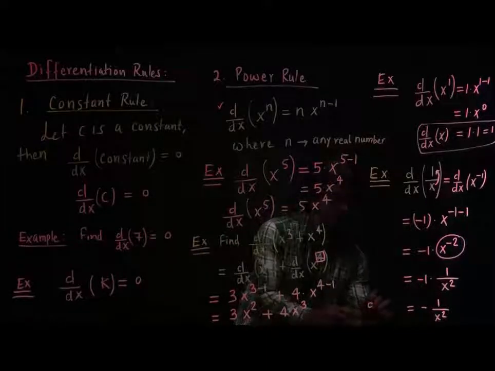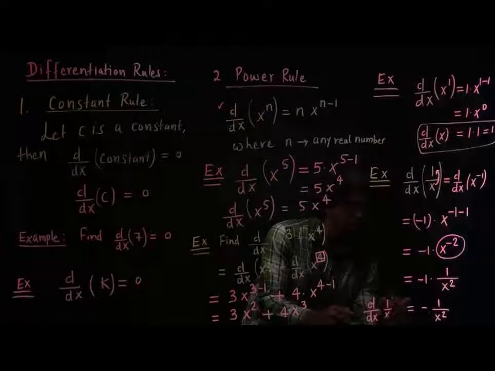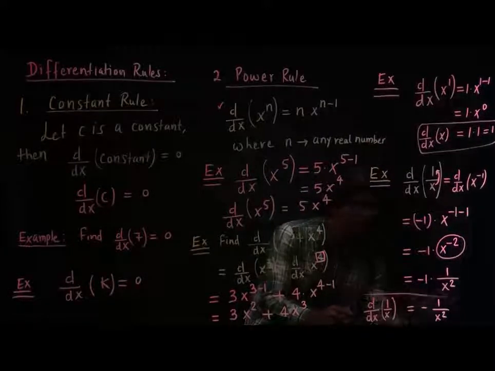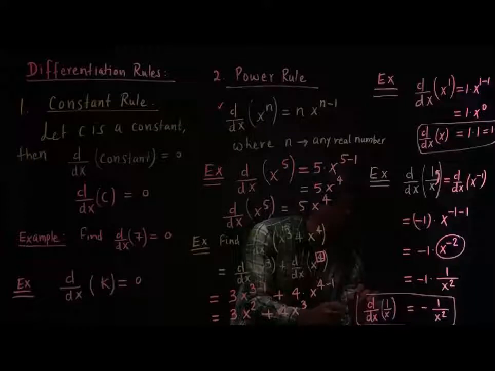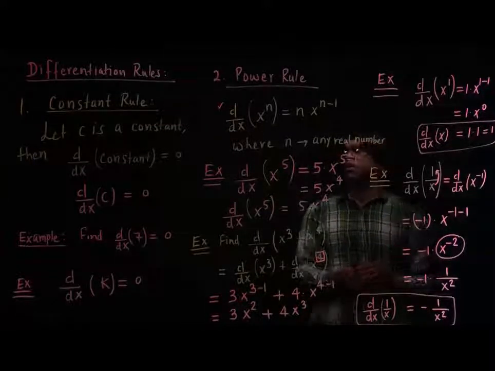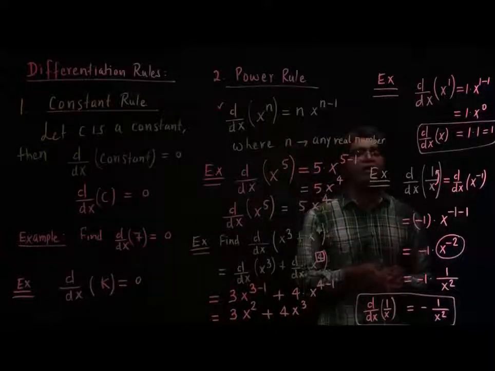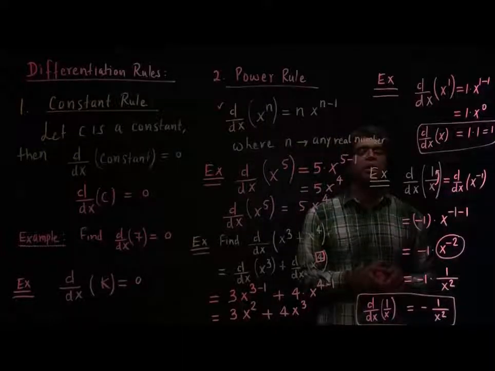So dy dx of 1 over x is negative 1 over x squared. And this is how we will use the constant rule and the power rule to find the differentiation of the given function.